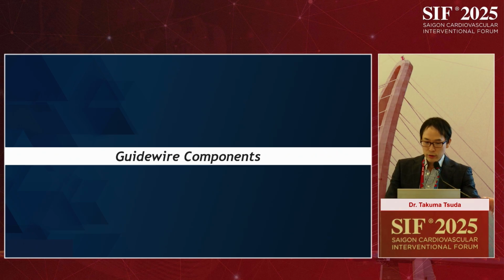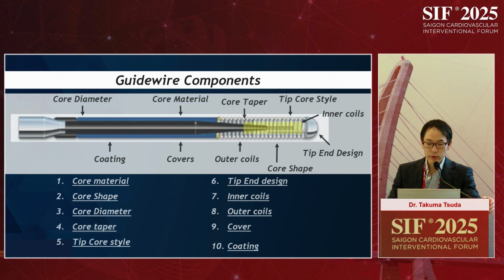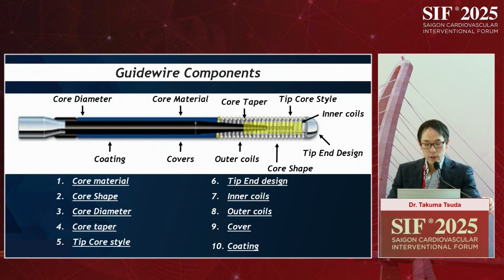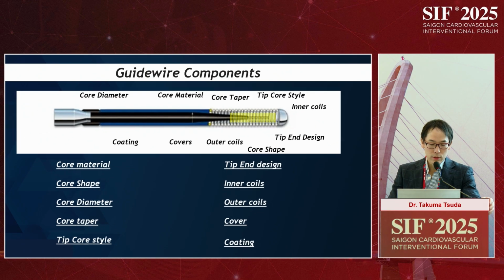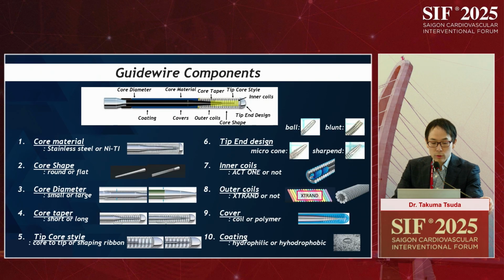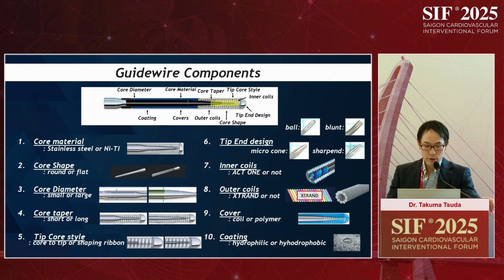Before the selection of the guide wire, we have to know much more about the guide wire components, including the structure itself. Guide wires have many structures inside the system, so we have to differentiate every guide wire regarding these characteristics: stainless steel or nitinol, in terms of the core shape, round or flat, and the tip end design, which shape the tip is.